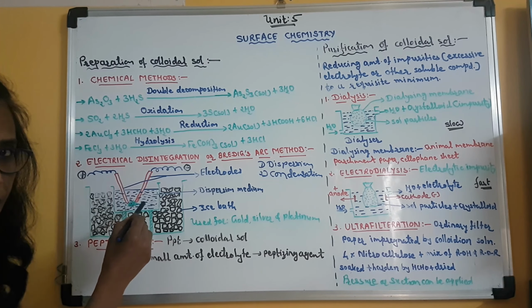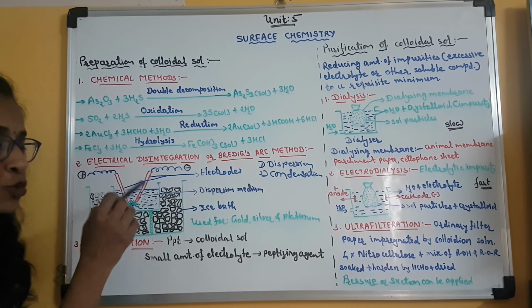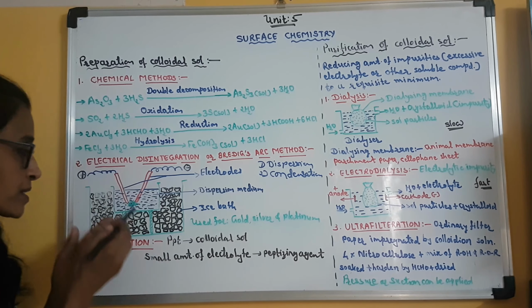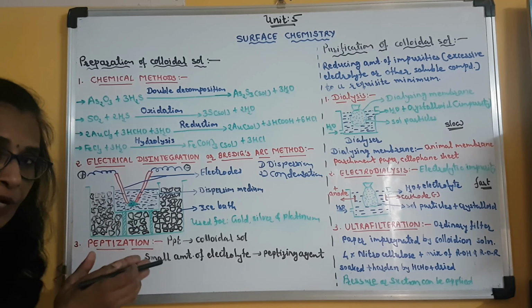But as this vapor cannot go out, because the metal electrodes are immersed in the dispersion medium and that medium is surrounded by ice, as soon as the metal vaporizes, the particles formed will be condensed to solid particles, and those solid particles will be of colloidal size. Clear? So this is the second technique. The third method is peptization.